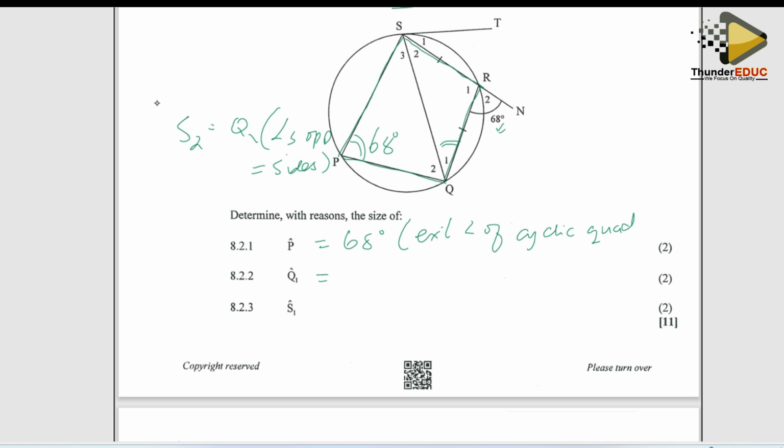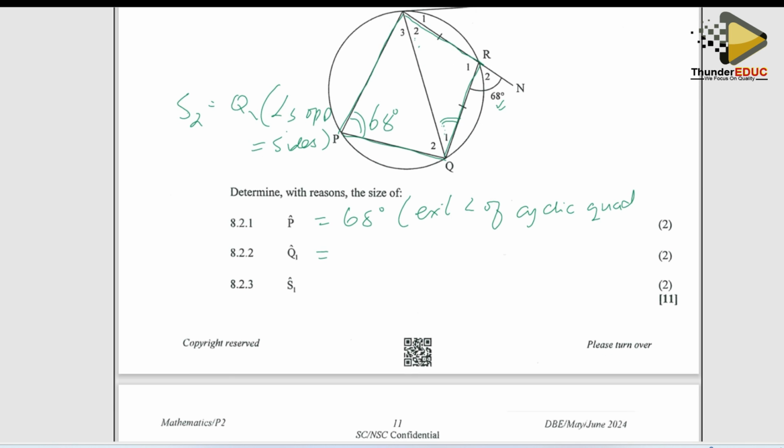And then we can see that these two are interior and 68 will be exterior, which means it's going to be 68 divided by 2, which is 34. So we can give the reason as exterior angle of a triangle, but start by telling us that the two angles are the same because of angles opposite equal sides.